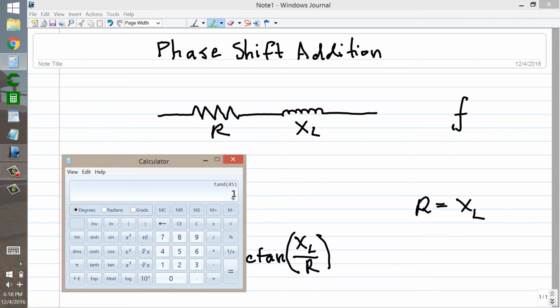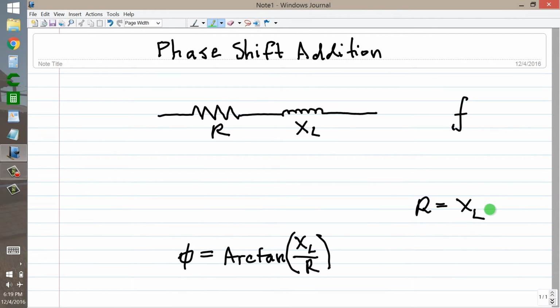So the arctangent of 1, that is the inverse tangent of 1, is 45 degrees. Just to double check that I was correct. Again, this can be any number of ohms. So this circuit, when you send a signal at frequency f through it, produces a phase shift of 45 degrees. That is 1/8 of a cycle for those of you who care about that sort of thing.